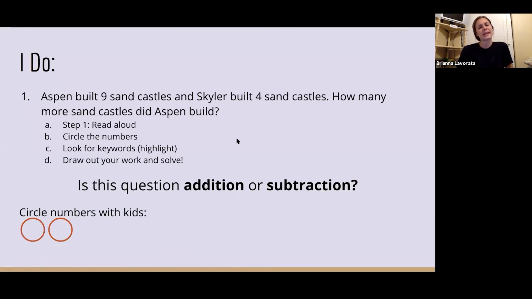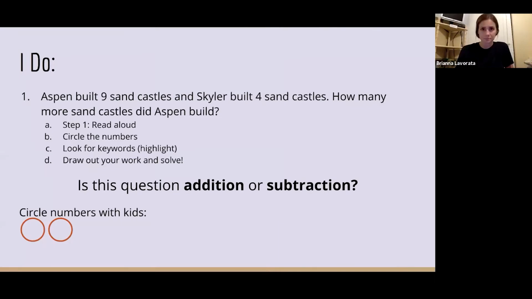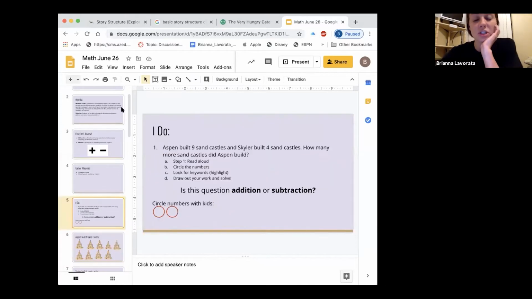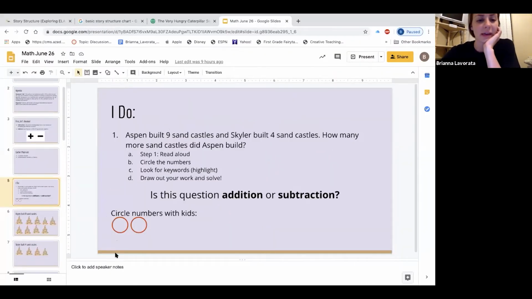How many more sandcastles did Aspen build? So now my second step is I want to go ahead and circle some of these numbers that I see, okay?